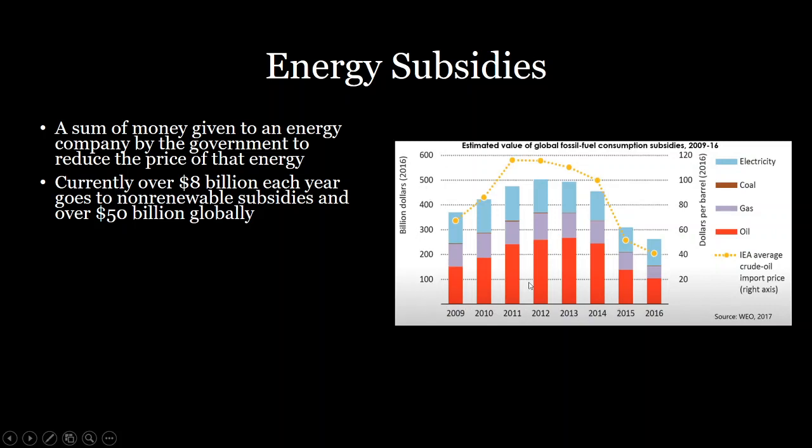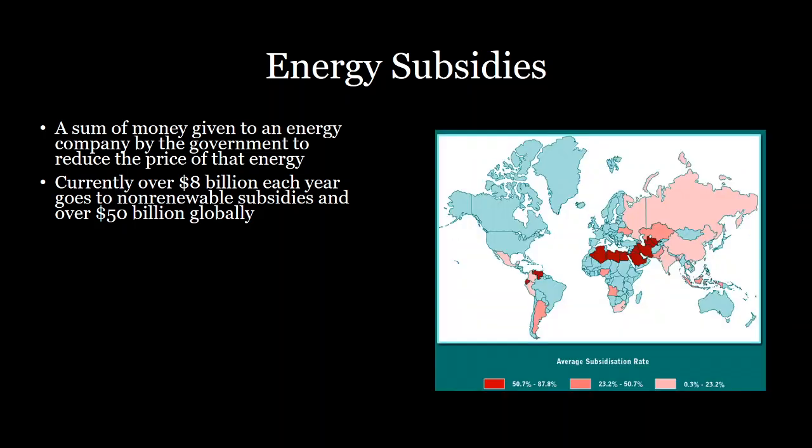We had a peak in energy subsidies to coal, gas, and oil in 2012, and it has since decreased, but it's still in the order of several dozen billion or several hundred billions of dollars per year. So it's definitely significant.